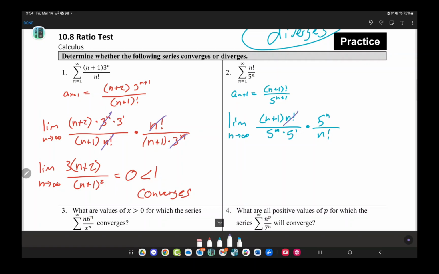Here we have n factorial cancels and 5 to the n cancels, so you're just left with the limit as n goes to infinity of n plus 1 over 5. Now, since your numerator has a greater degree, what does this go to? Infinity, which is greater than 1, so this diverges.